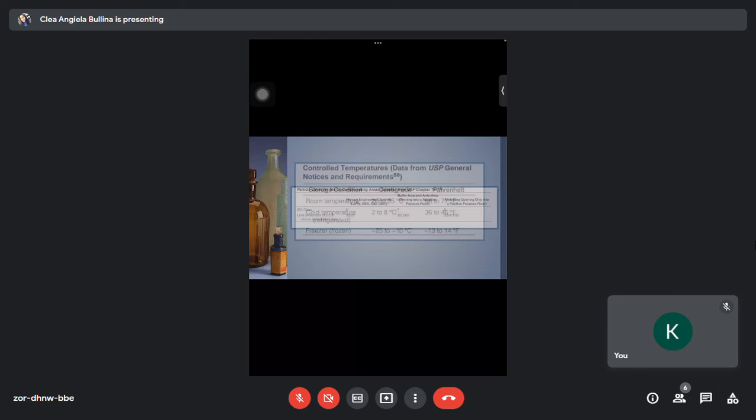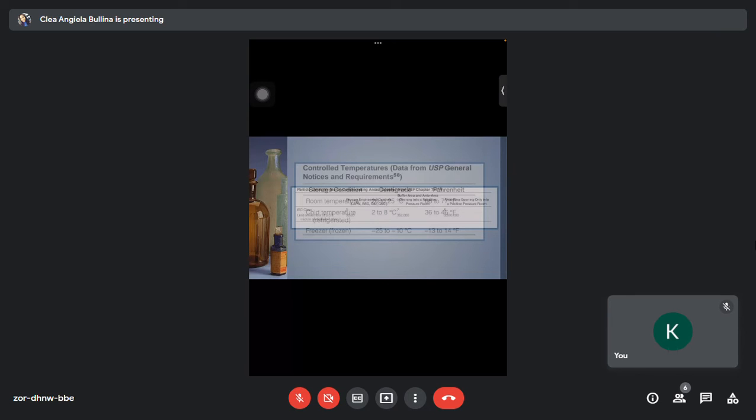Yung next naman na table are those particle limits. Okay, particle limits for sterile compounding areas, which is adapted from the USP chapter 797. Okay, so the primary engineering control for ISO class is 5.